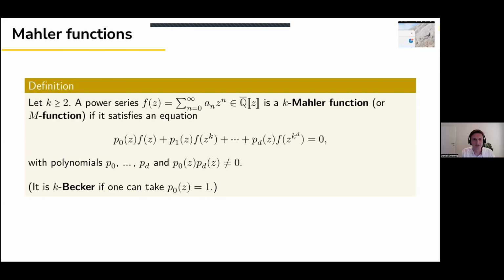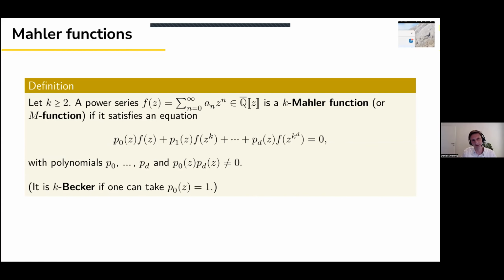So what is a Mahler function? We actually only consider power series Mahler functions. So we fix an integer k larger than or equal to 2. And then a power series is called a k-Mahler function, or short just Mahler function, if it satisfies an equation of this form. So this looks a bit like a differential equation, but instead of a differential operator, we have this Mahler operator or k-Mahler operator, which substitutes z to the power k for z.